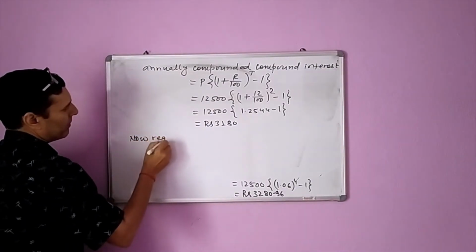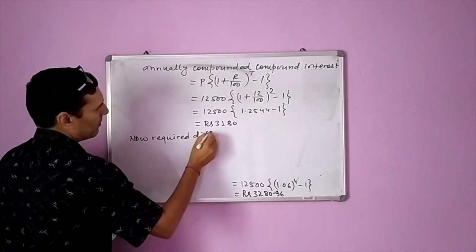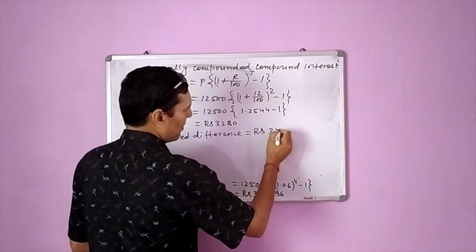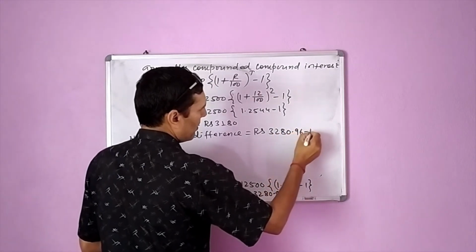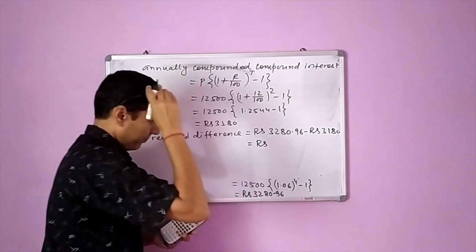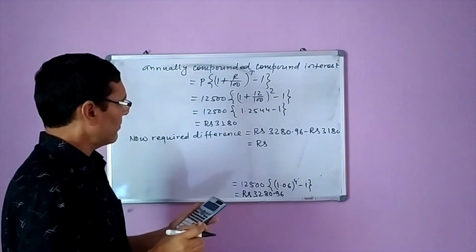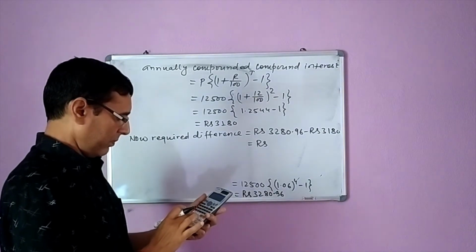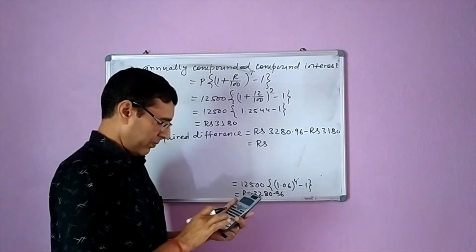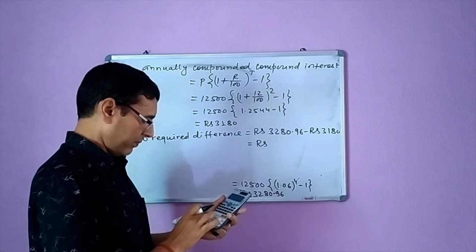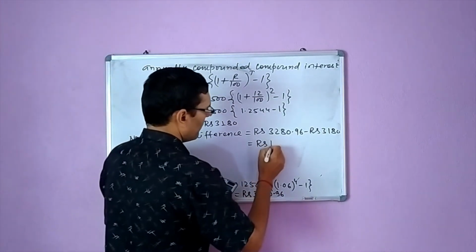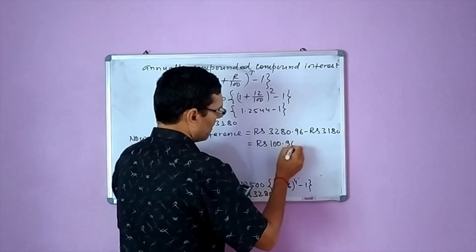So now the required difference is equal to 3280.96 minus 3180 is equal to rupees 100.96.